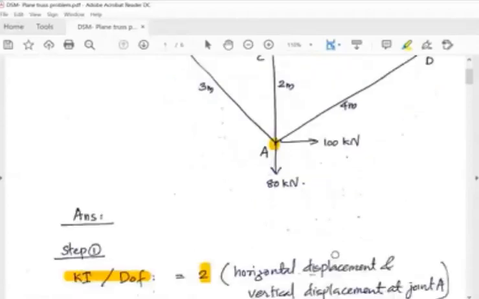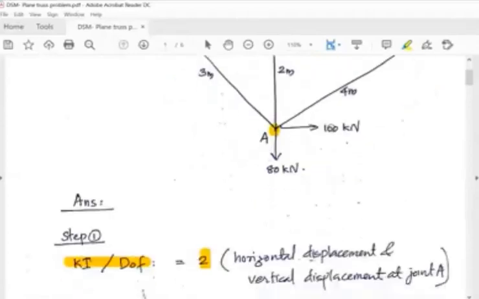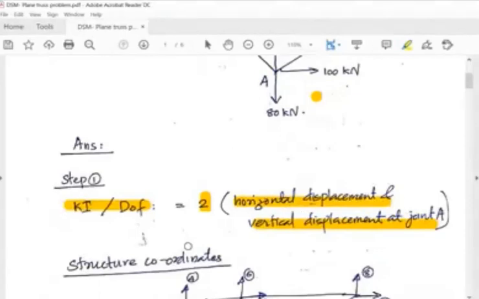So 8 minus 6 is equal to 2. The only possible displacements are the horizontal displacement at A and the vertical displacement of joint A. Those are the two possible movements.